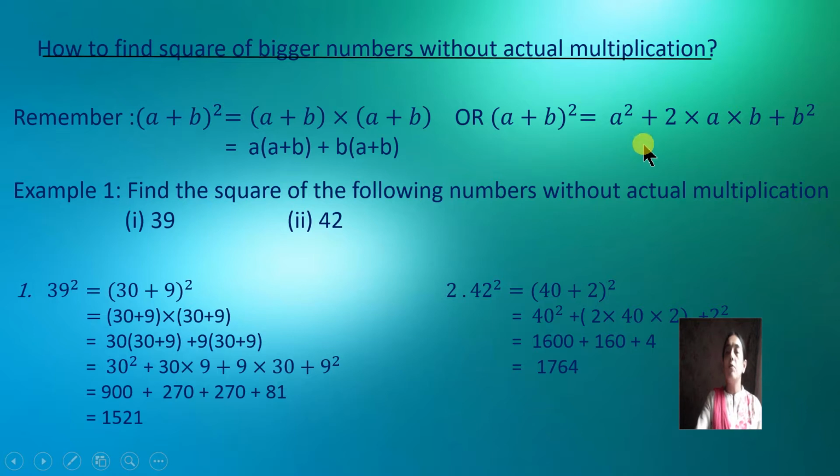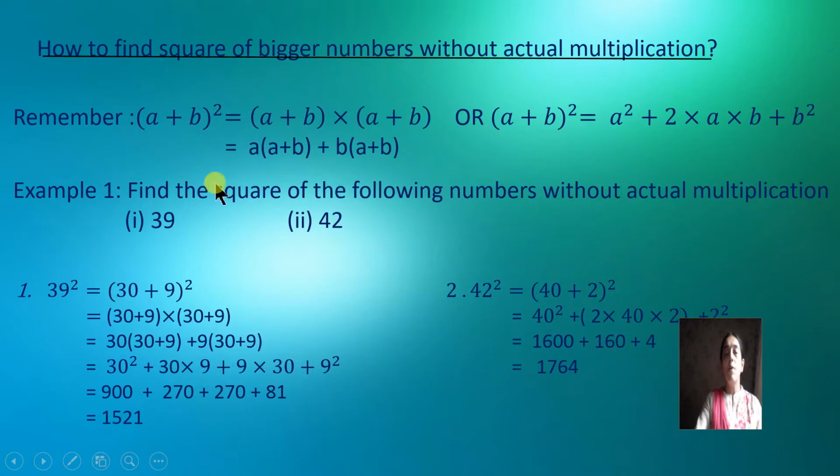And if you have forgotten, learn this identity. Both the identities will be very useful. We also have one chapter based on these identities. So learn this identity, a square plus 2ab plus b square. Now using both the identities, how will we find the square of the bigger numbers?